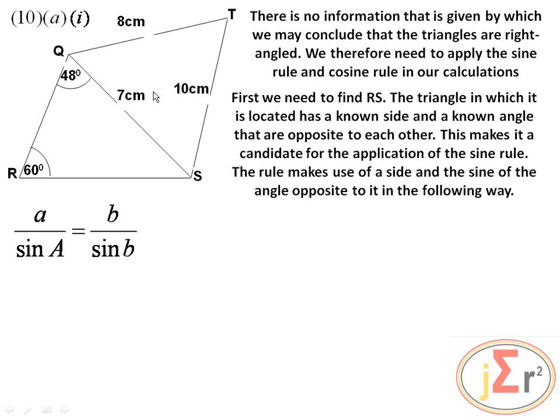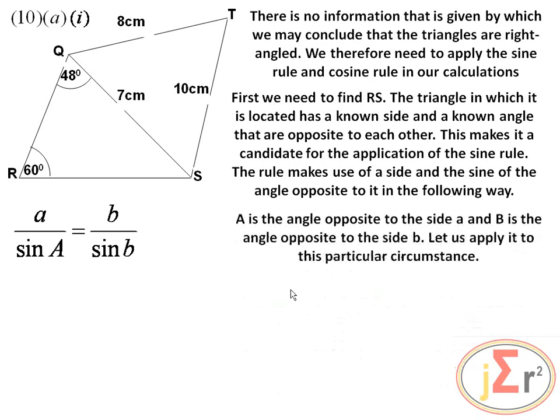So we know that the sine rule is applicable. A is the angle opposite to the side a and B is the angle opposite to the side b. So let us apply it to this particular case.